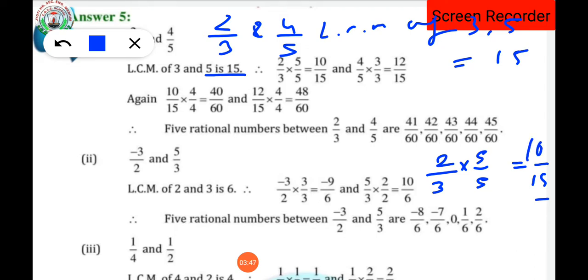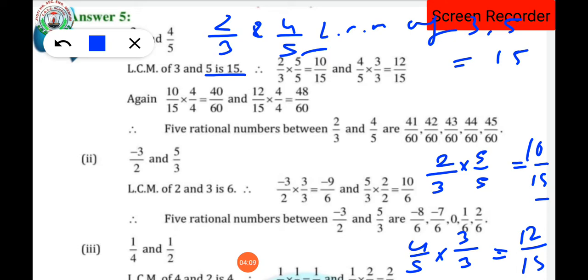In the same way for the second term, 4 by 5, by which number will the denominator 5 be multiplied in order to get the LCM 15? 5 3s are 15, and the same will be multiplied in the numerator also. So 4 3s is 12, isn't it?